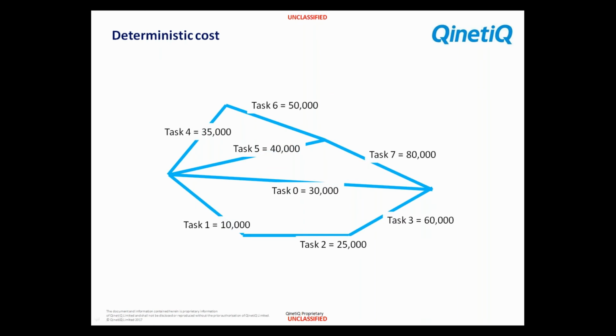The first thing we're going to do is do it deterministically, a single point estimate. So very simply, all I've done is put a unitless number, which can be dollars or euros or pounds, a resource, to each of the tasks.